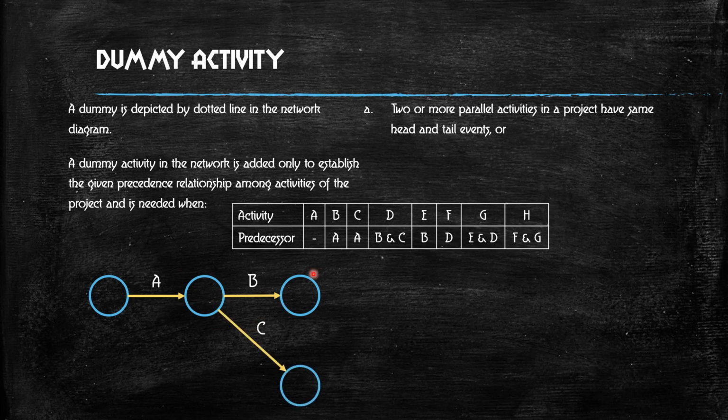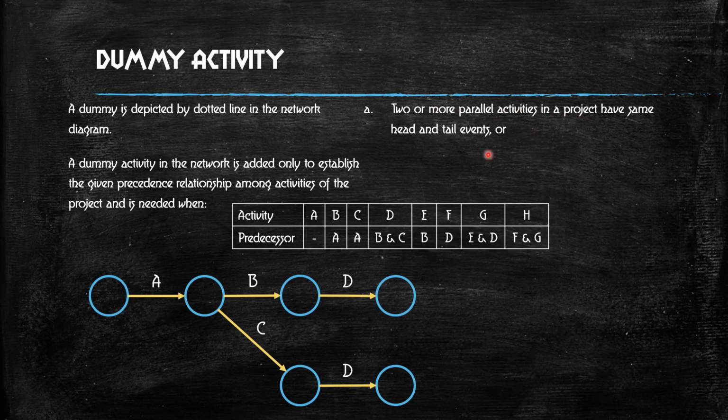Right. Now, what about D? D will start in a place where B and C are completed. If you see, B is completed here, C is completed here. So you cannot draw two activities indicating the starting of D. You can draw only one activity. As activities B and C are very similar, both start at A and both are the beginning of D. That is what we call parallel activities.